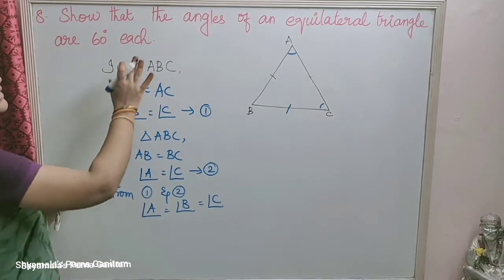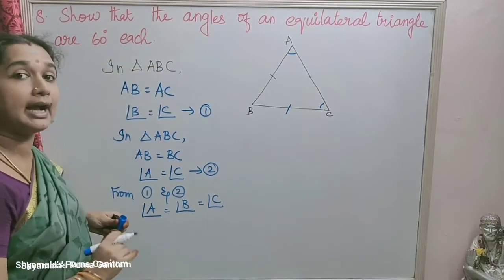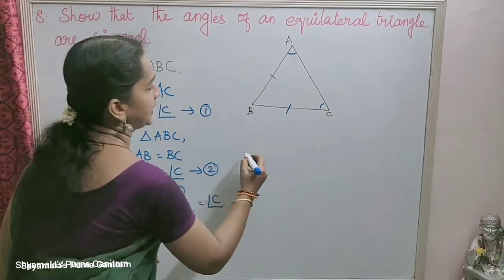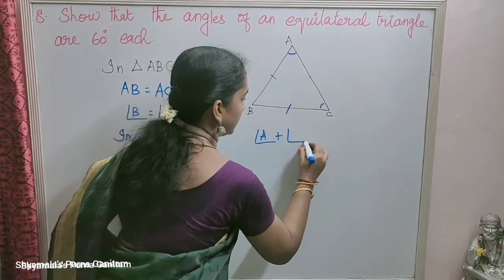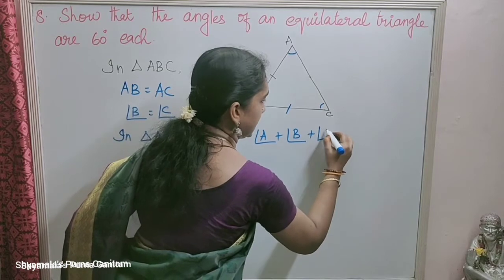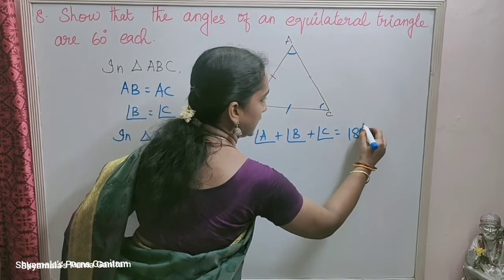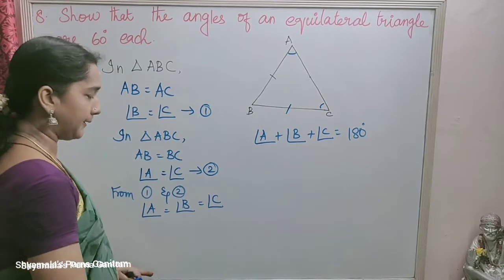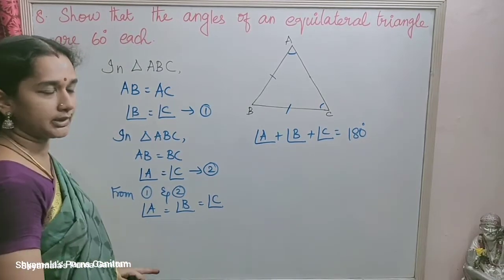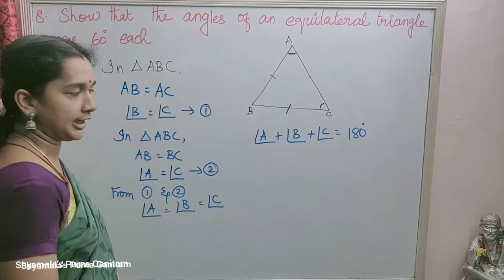But in the question, they are asking you to find the angles. So if we take angle A plus angle B plus angle C, by angle sum property we can say that the sum of the angles is 180 degrees. But just now we have proved that all the angles are equal.